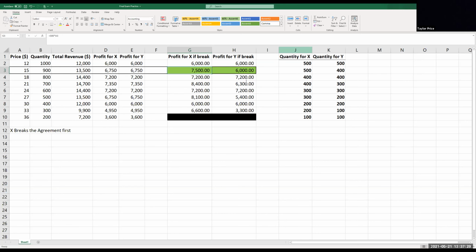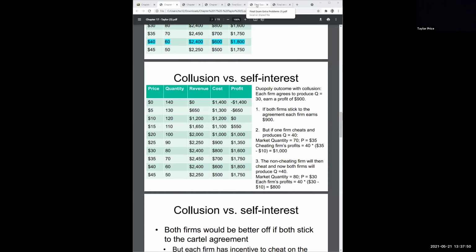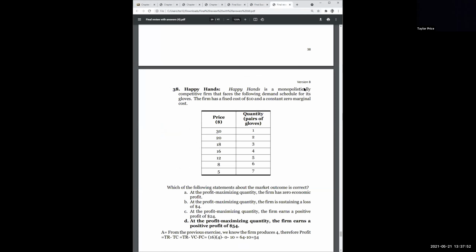Did anyone else have any other questions on this one before we move back to the practice final? Okay, so let me switch. I think we were on 20, let me see.